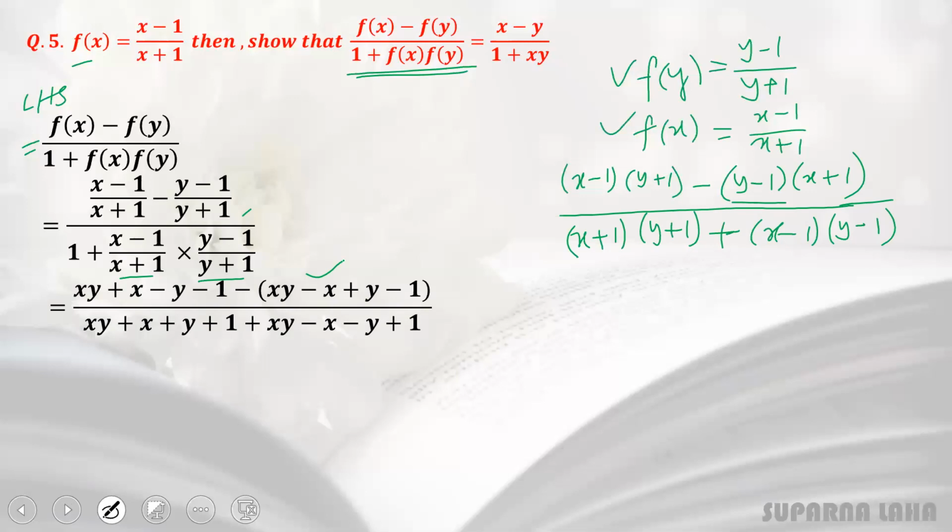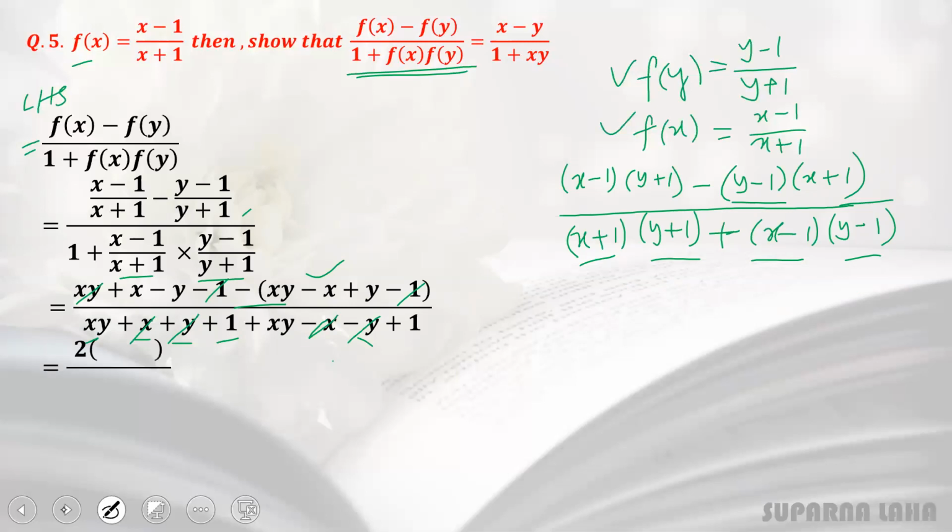And this denominator is given by (x plus 1) into (y plus 1), that is xy plus x plus y plus 1, and (x minus 1)(y minus 1), that is xy minus x minus y plus 1. And look here. Now this x and y term will cancel, and for the numerator, plus xy minus xy will cancel, and this minus 1 and this plus 1 will cancel.